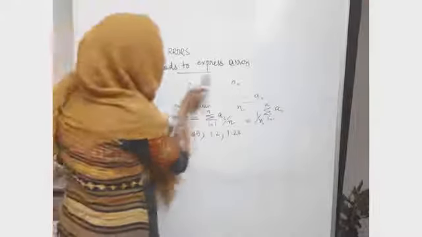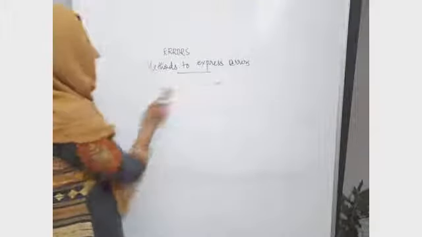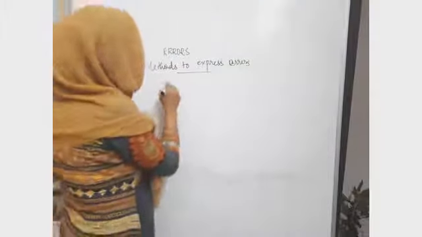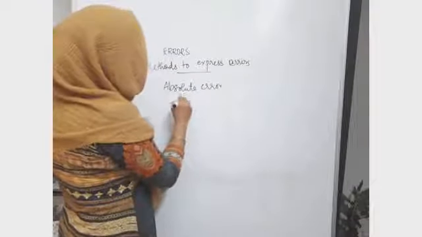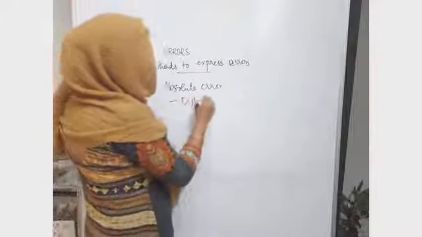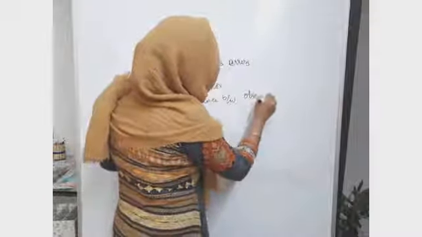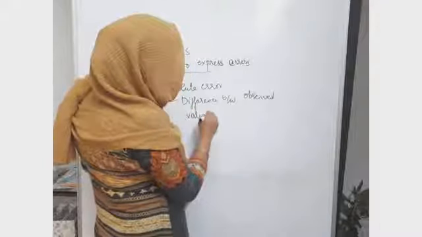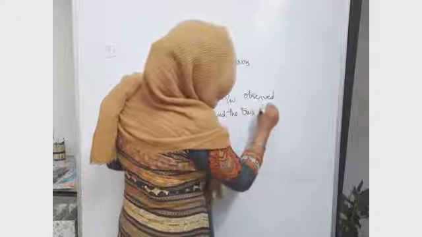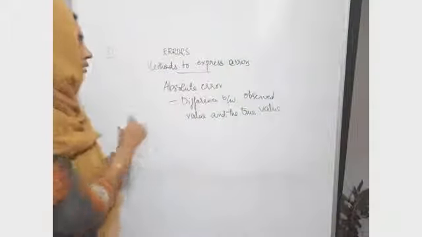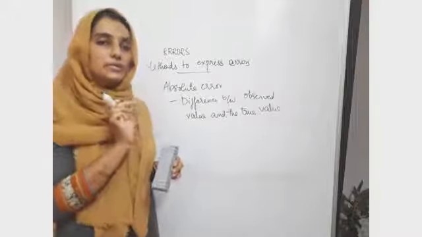The first way to express an error, which we have to study, is the absolute error. Absolute error is the difference between the observed value and the true value. If you have n set of observations, each will give you an individual error.